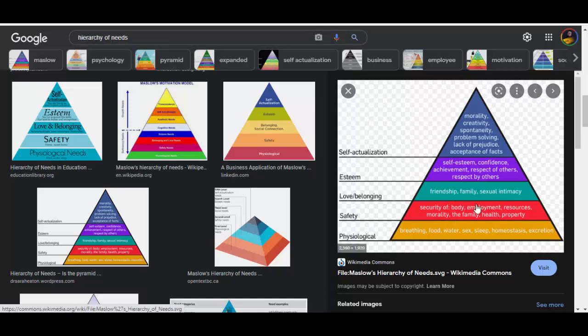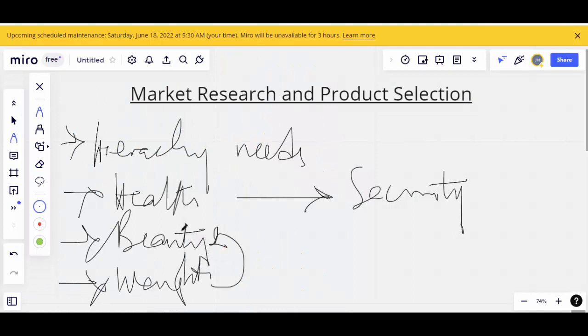But these are different markets that you can cater to. Of course, you can sell everything in the health market, everything in the beauty market, every weight loss product or every security product that is out there. So the first thing you need to do is actually narrow it down.